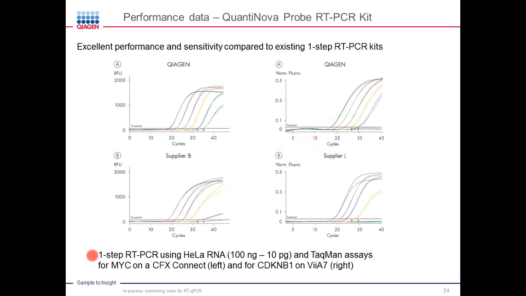In one-step, very often, one of the critical topics is that people want to be able to detect very, very tiny amounts, and we went down to 10 picogram of input material. We can see that we are reliably able to go down to very small amounts and still get them detected or quantified reliably, which is pretty tricky.